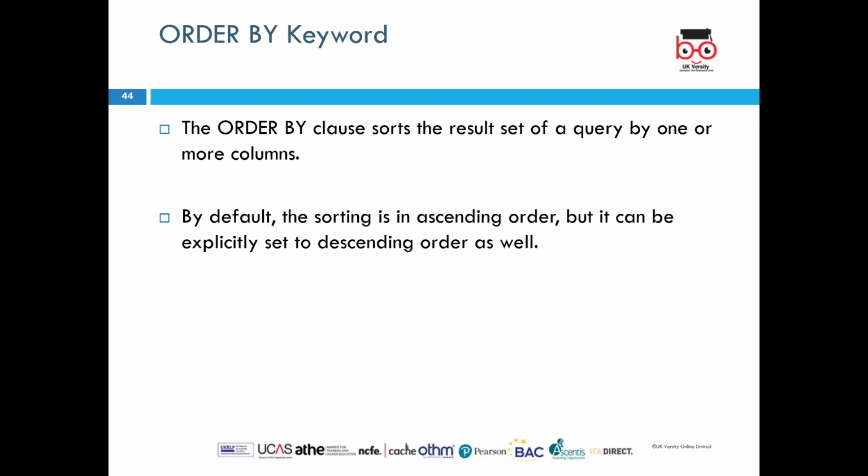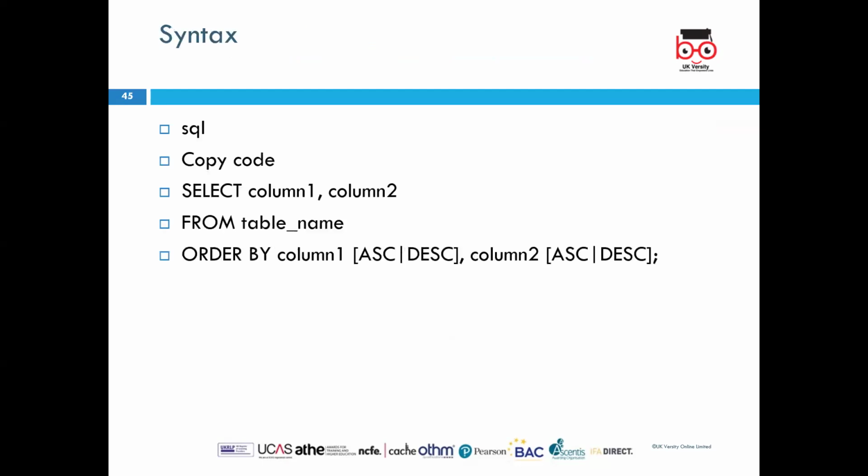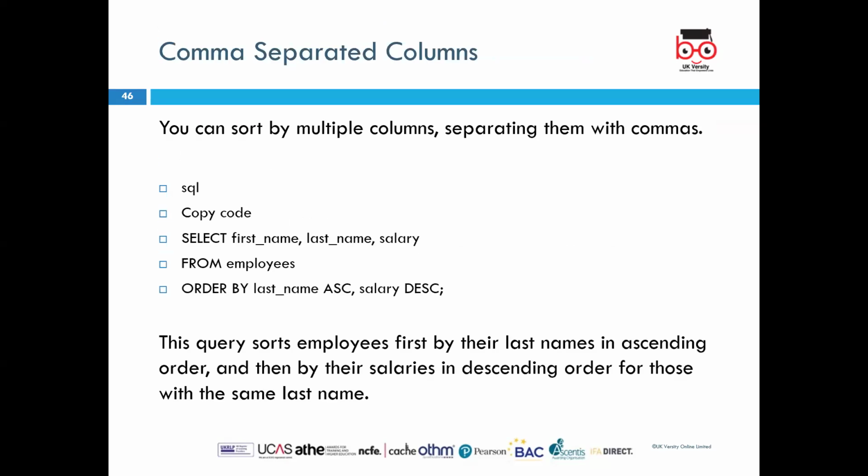With order by clauses, we can sort the result set of a query by one or more columns. With comma-separated columns, we can sort by multiple columns, separating them with commas.